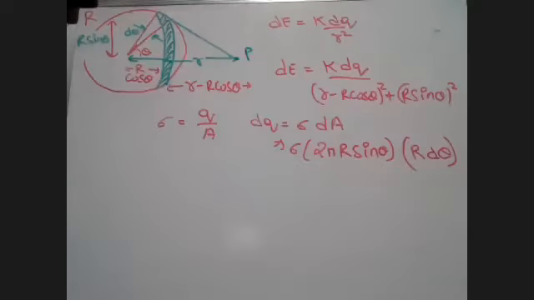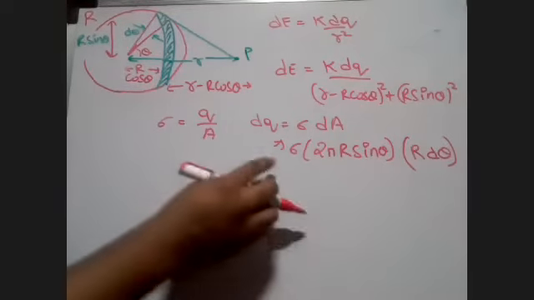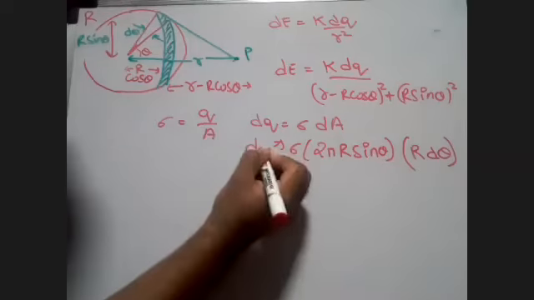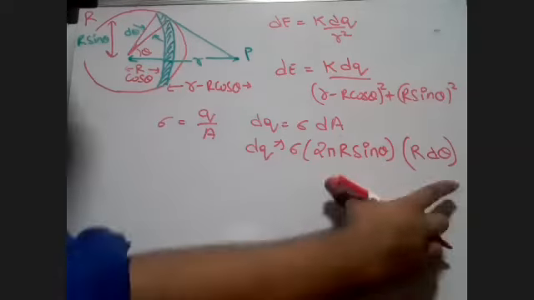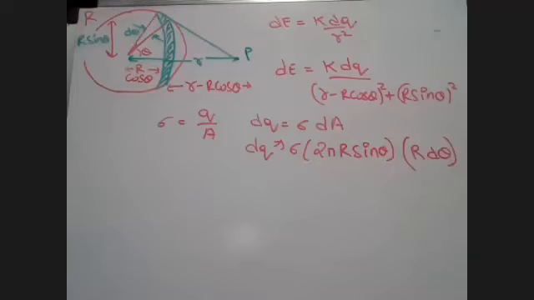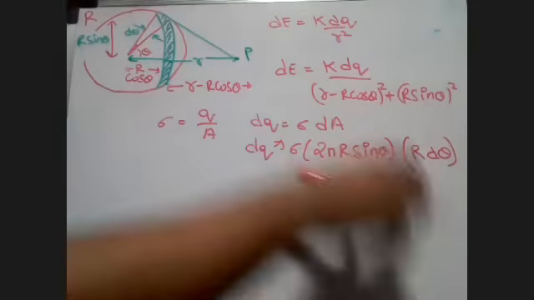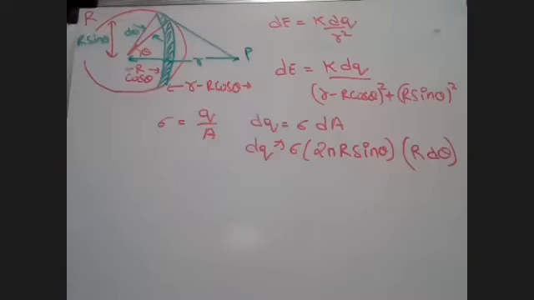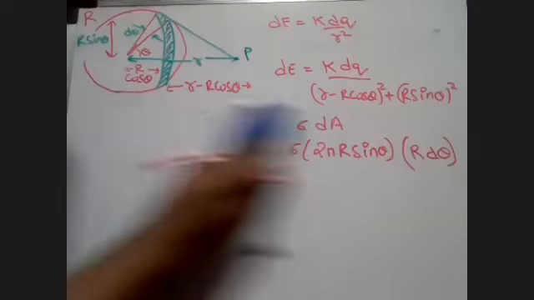Now what I will do is substitute what we have just found out for the small amount of charge, which can be written in this form. I'll just rub this out due to lack of space.